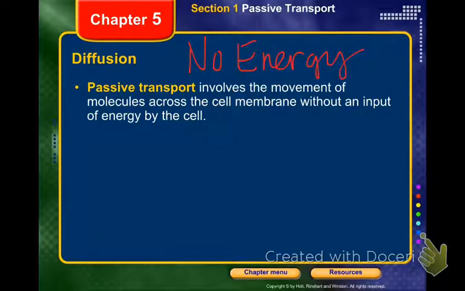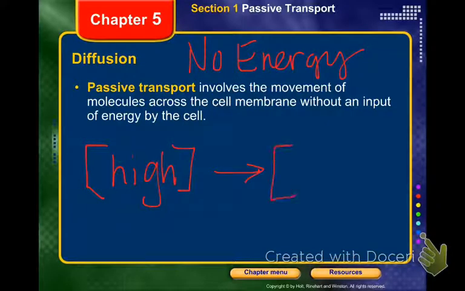No energy required. And so we are always looking at movement from a high concentration to a low concentration. The analogy that I like to think about is if you're at a playground and you're on a slide, right?